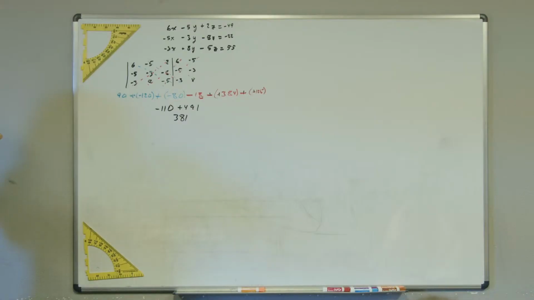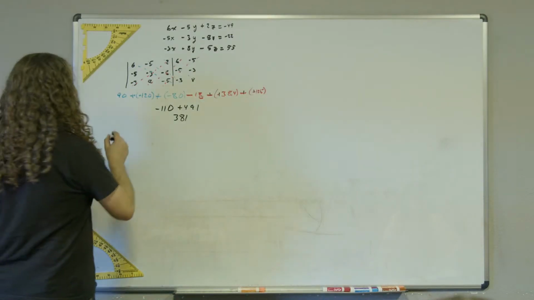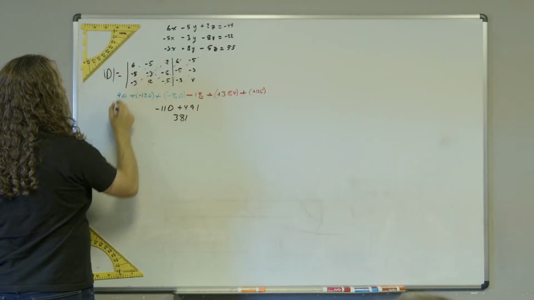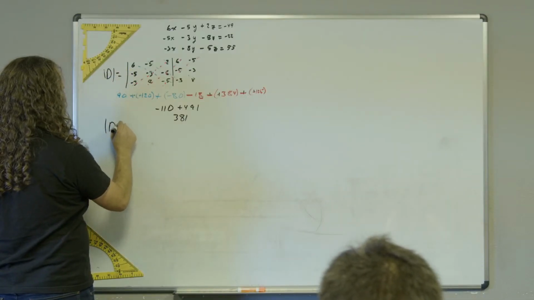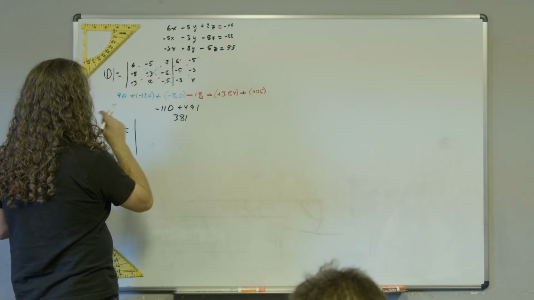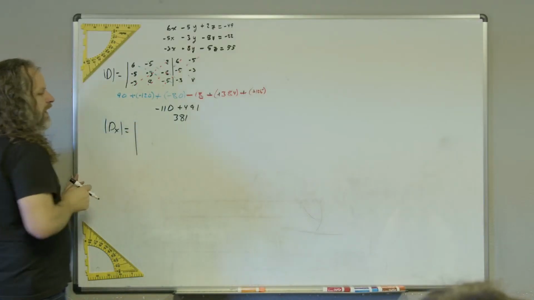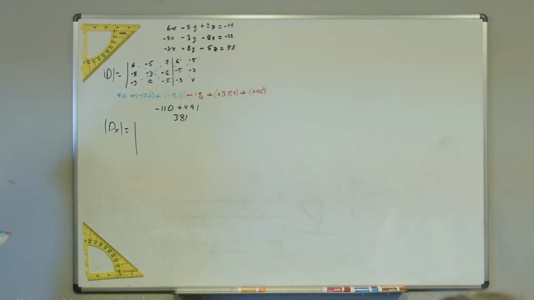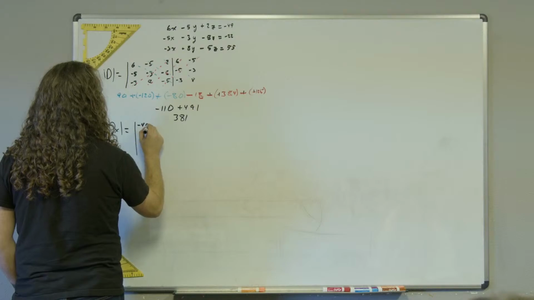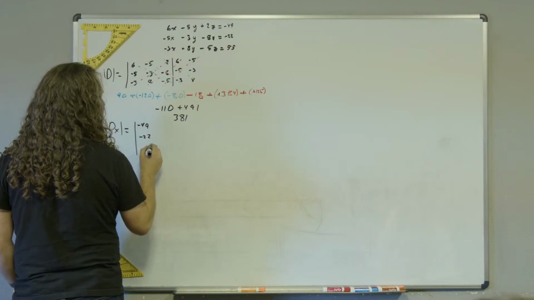Do the x determinant. So how do we make that? Instead of putting the x's, we put the answers. So the first column turns into negative 49, negative 22, and 55.